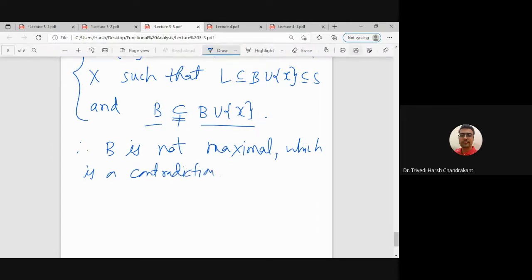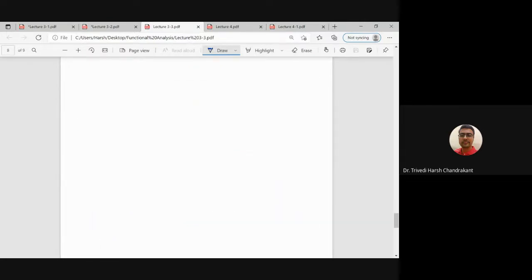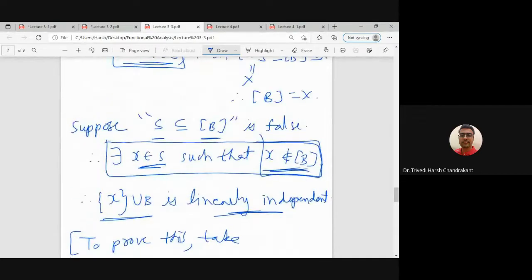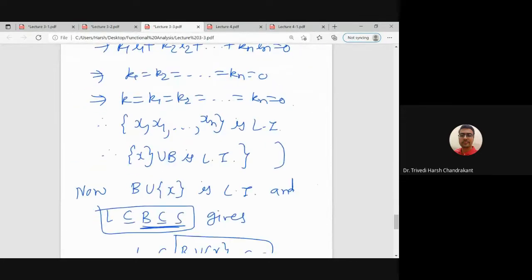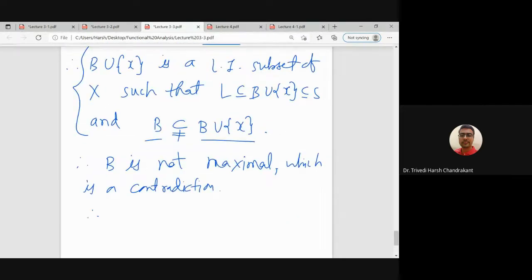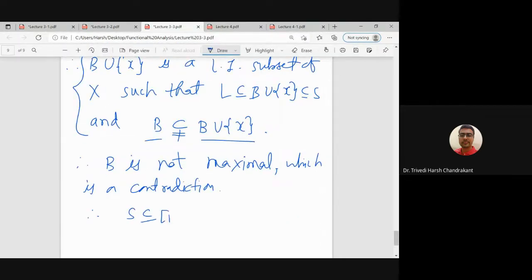So this contradiction arises from our wrong assumption, and the wrong assumption is that S is a subset of B is false. So therefore S is a subset of span B. Right. So our assumption was wrong.